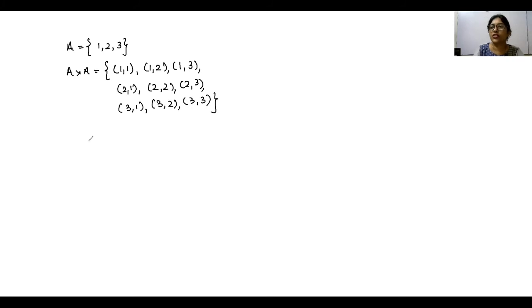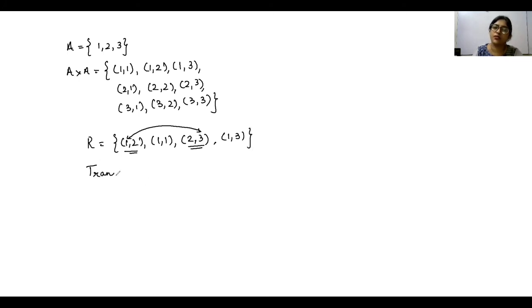In case we take a relation R, which is say (1, 2), and we have (1, 1) and (2, 3), then we should look for an ordered pair which ends with, say like this one, it is ending with 2. Then which ordered pair begins with 2? (2, 3). So we should have another ordered pair with these elements, that is (1, 3). If we have such a case, it is said to be a transitive relation.